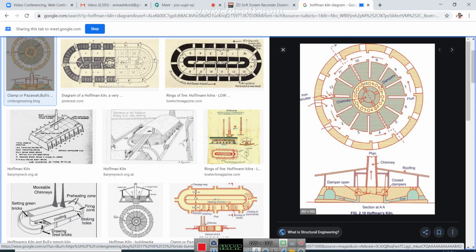It is also known as a flame kiln. There are different components or chambers for a Hoffman's kiln. Usually it will have 12 chambers. And for a Hoffman's kiln, you will be providing a roofing, so even during the rainy season, the kiln can work without any interruption.